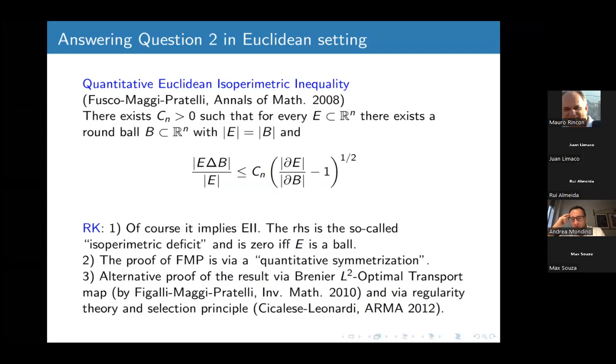Another one was obtained using L2 optimal transport, using the Brenier map, by Figalli, Maggi, and Pratelli in Inventiones. And there has been a third proof of this inequality by Cicalese and Leonardi using a selection principle and regularity theory for minimizers of the perimeter with area, so for isoperimetric sets, basically.